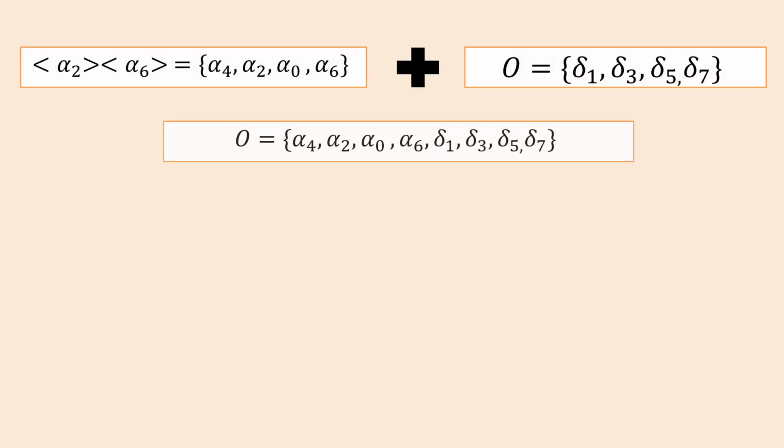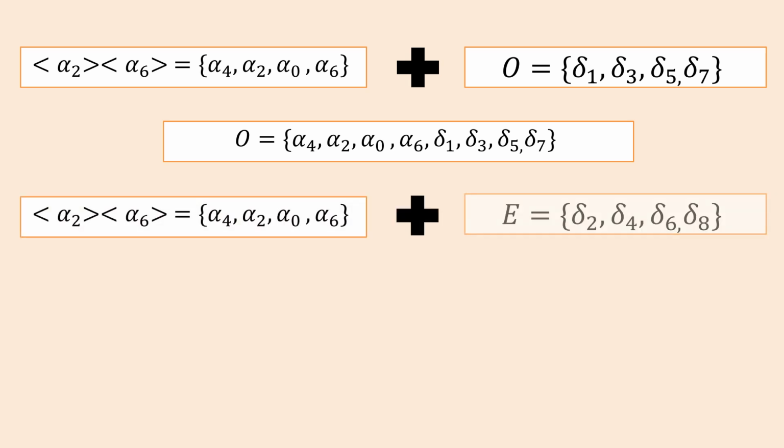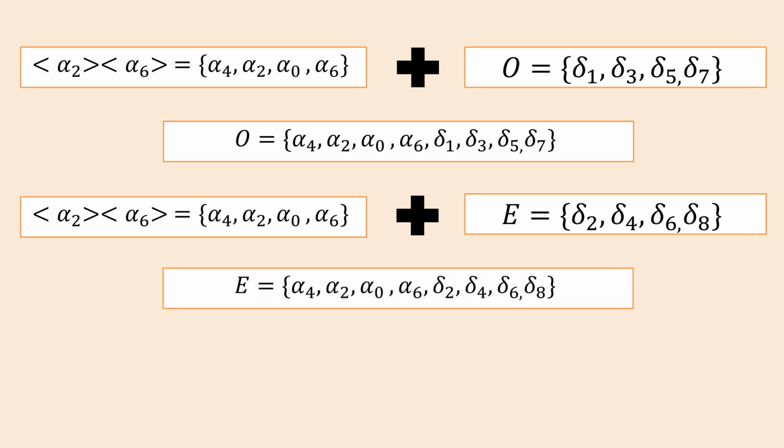So here, the elements generated by alpha sub 2 and alpha sub 6 plus the odd deltas: alpha sub 4, alpha sub 2, alpha sub 0, alpha sub 6, delta 1, delta 3, delta 5, delta 7. I named it O. And adding again to the even deltas, I named it E.